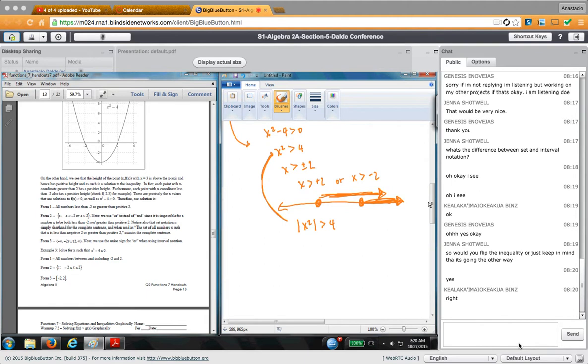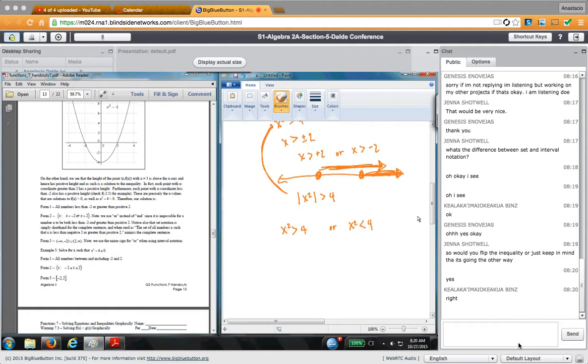And then when you look at that, you can say, okay, well, that means either x squared is greater than 4 or x squared is less than negative 4. And then you could say x is greater than 2 or x is less than negative 2.